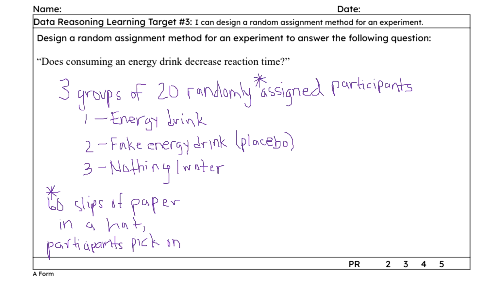That's how we're doing it. And then after that, we want to make sure that this is like a double blind. So no one knows which treatment they're getting, if they're getting the real energy drink, if they're getting the fake energy drink. They don't even want to know that this is about energy drinks and reaction time. So we're going to say double blind. And the double is also the people who are performing the experiment on the subjects.